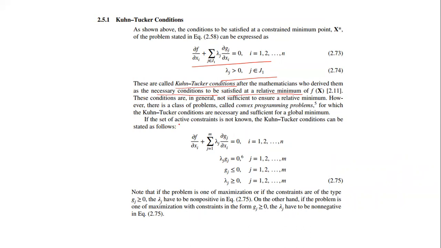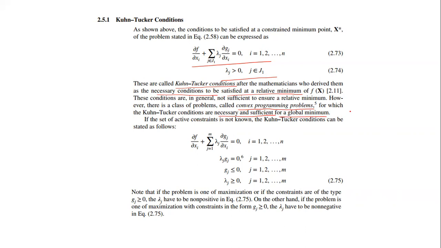We already said these are necessary conditions, but they are not sufficient to ensure a relative minimum. But for a set of problems known as convex programming problems, the Kuhn-Tucker condition is both necessary and sufficient for global minimization.